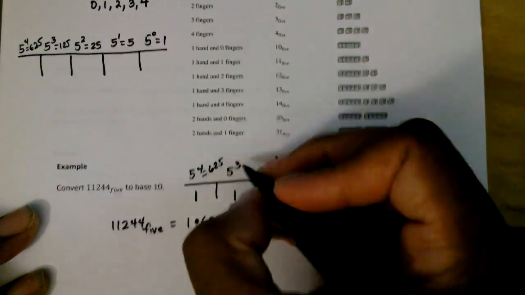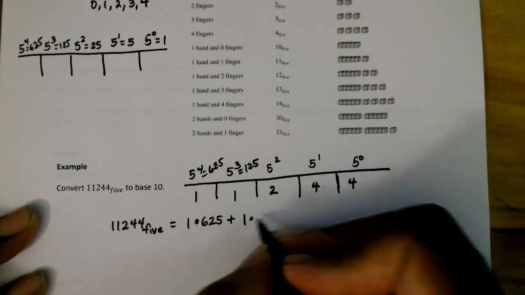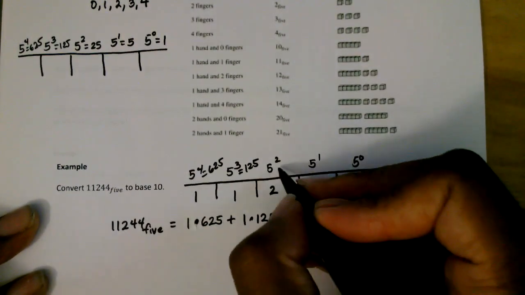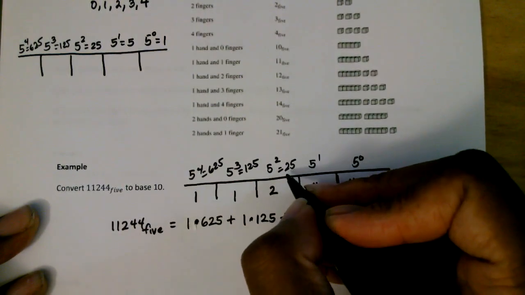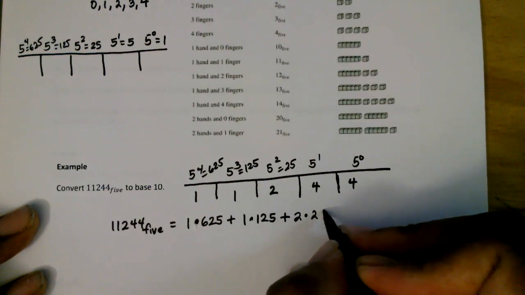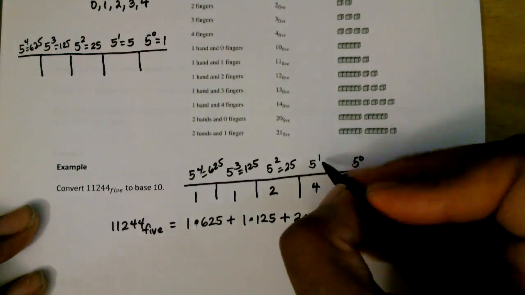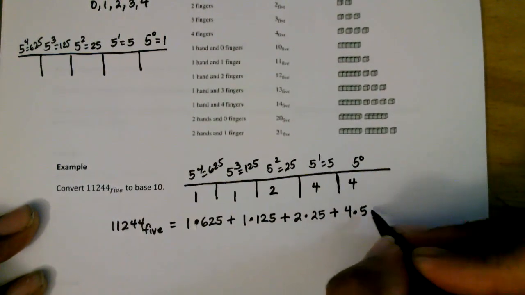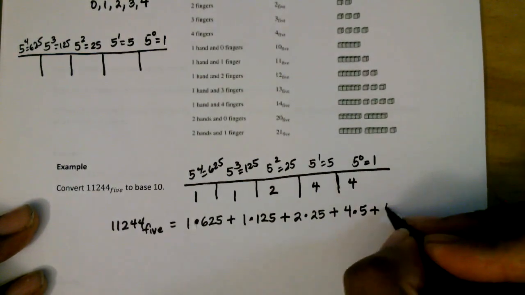And then this one would be multiplied by 5 to the 3rd, that's 125, so it'd be 1 times 125. And then plus 5 to the 2nd would be 25. So the 2 is in the 5 to the 2nd place, so it'd be 2 times 25. Then that 4 is in the 5's place. It'll be 4 times 5. Plus 5 to the 0, of course, is 1, so it'll be 4 times 1.